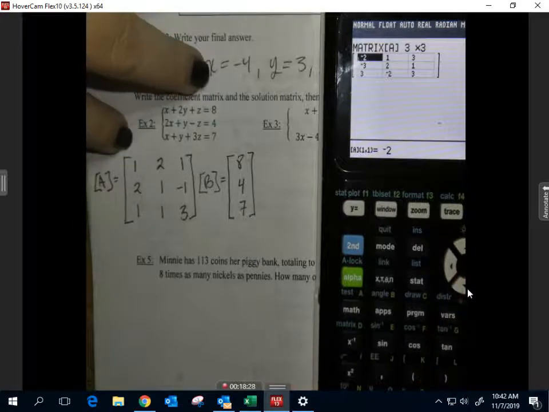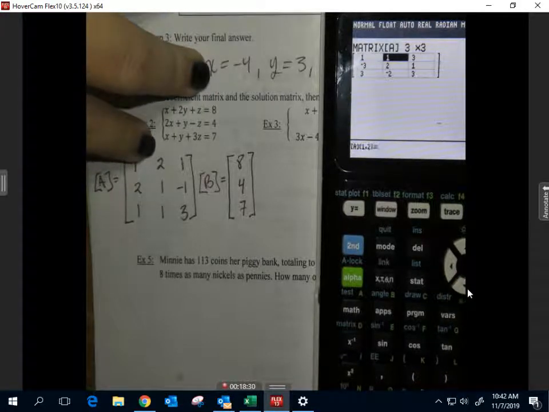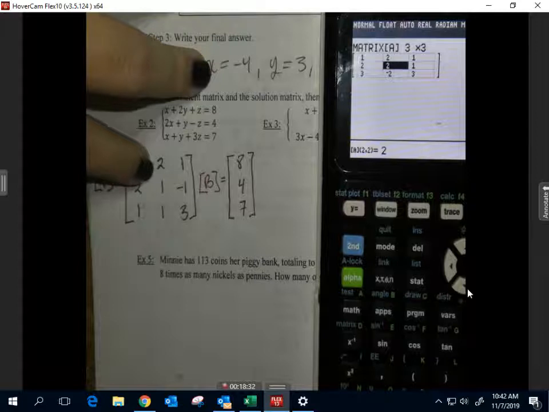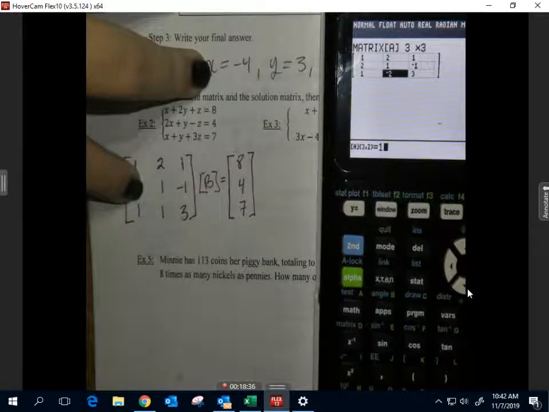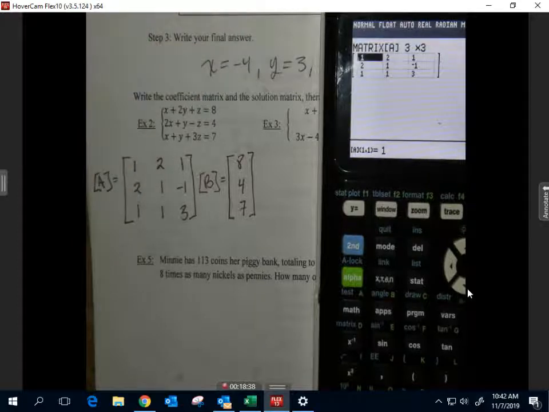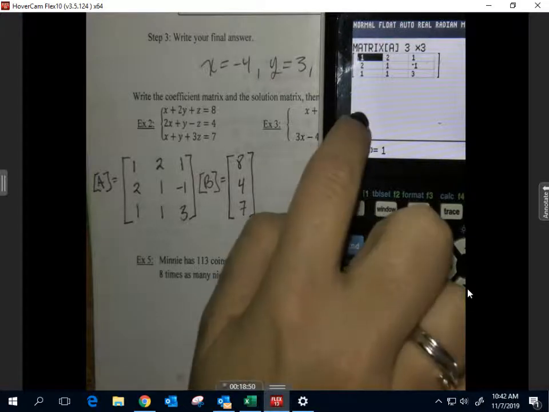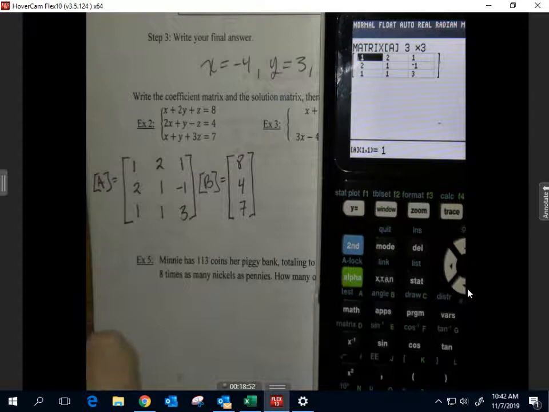So I'm going to go ahead and do that. Alright, did everybody get this? You changed all the numbers in the matrix A? Okay. Do you know how to get to matrix B?